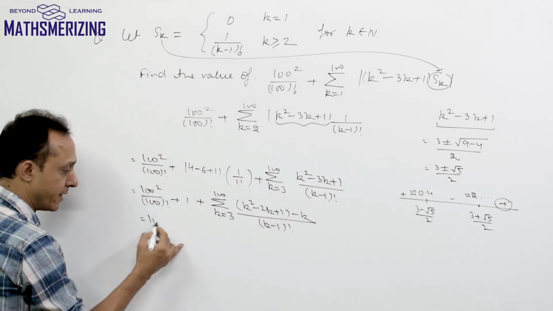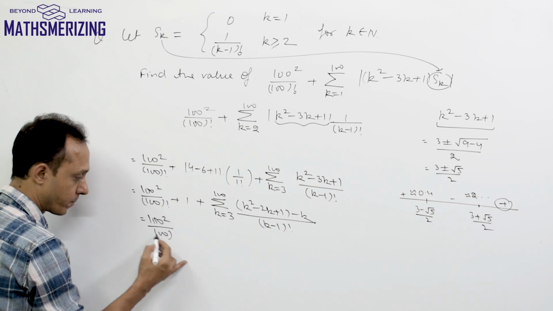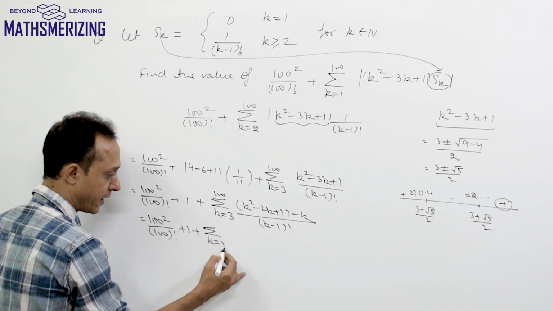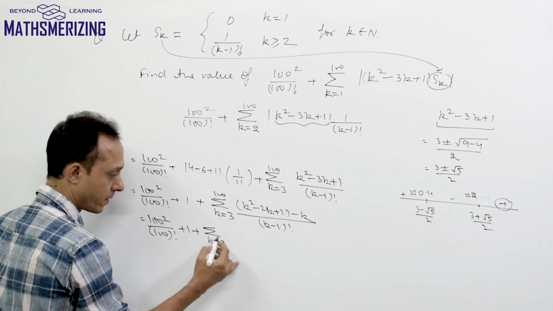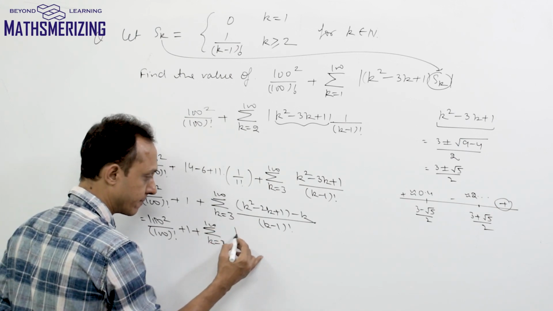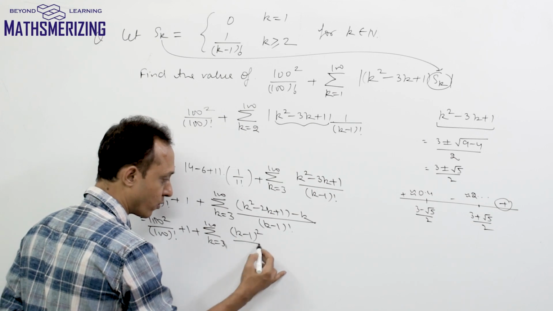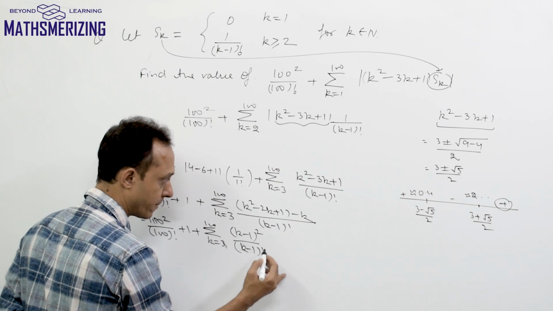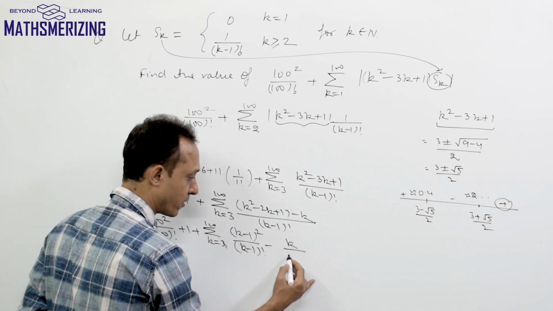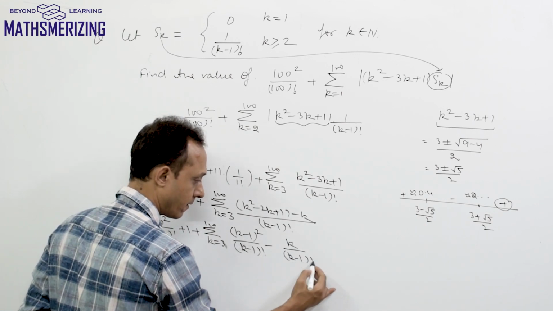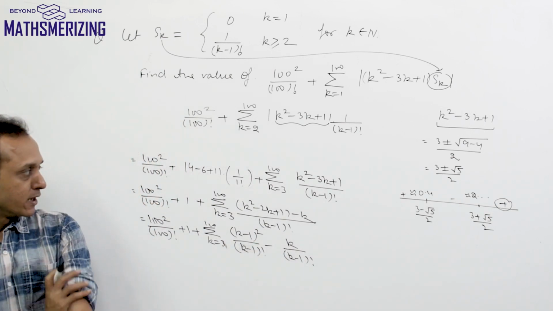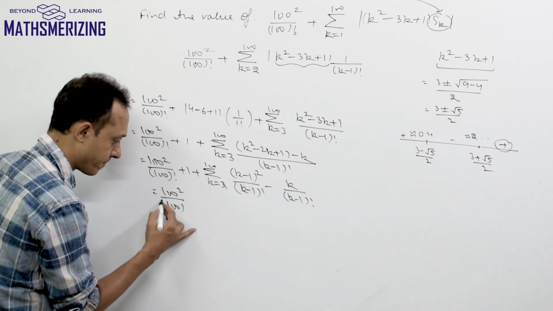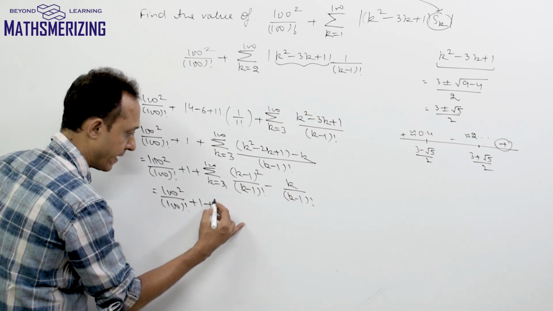So I'll write it as 100 square upon factorial 100 plus 1 and the summation where k varies from 3 to 100 of k minus 1 whole square upon factorial k minus 1, and then minus k upon factorial k minus 1.